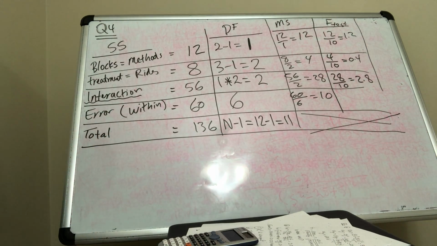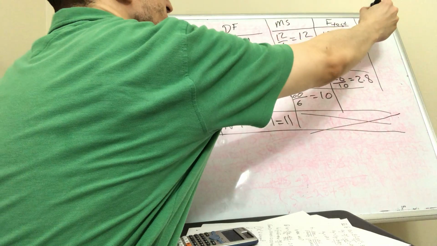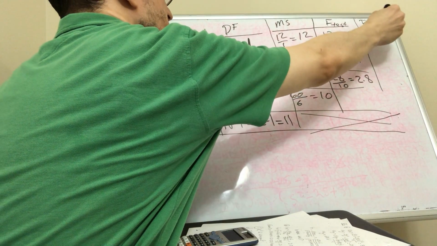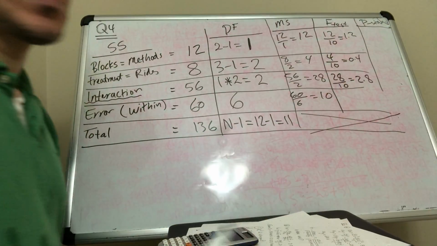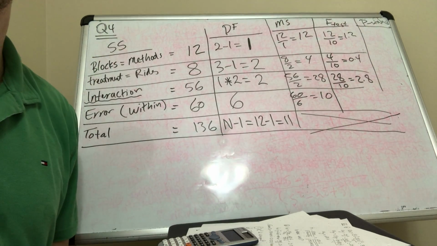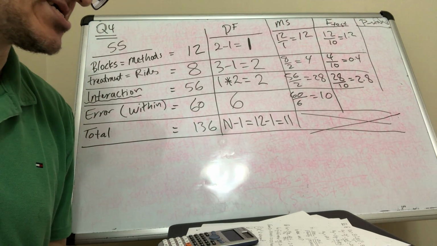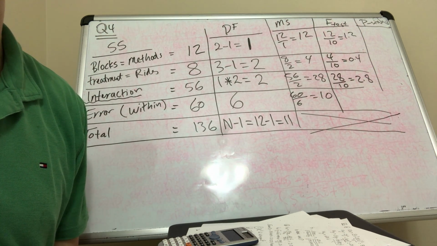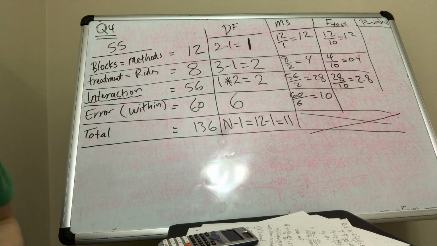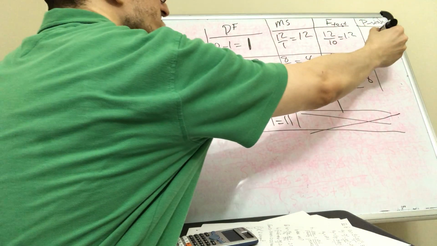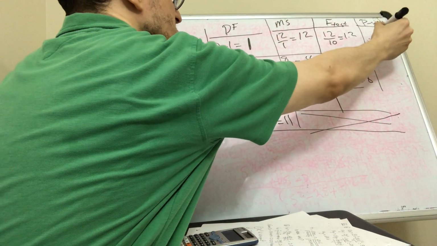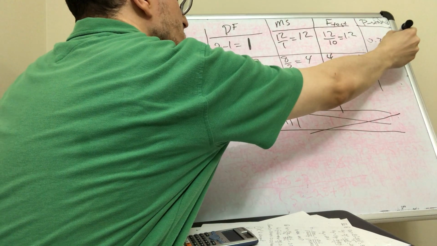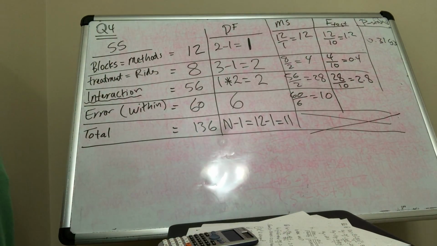Now Excel, in addition to this, gives you the p-value, and we need this because it will make life easier when we make the conclusions and the hypothesis. So when you do this in Excel, for the first one, the p-value is 0.3153.